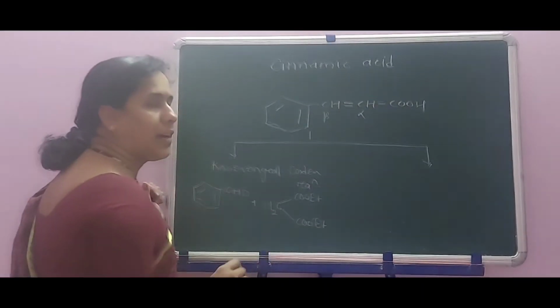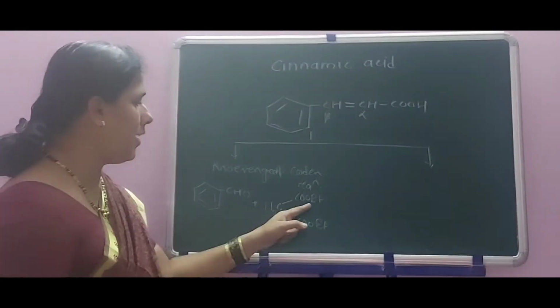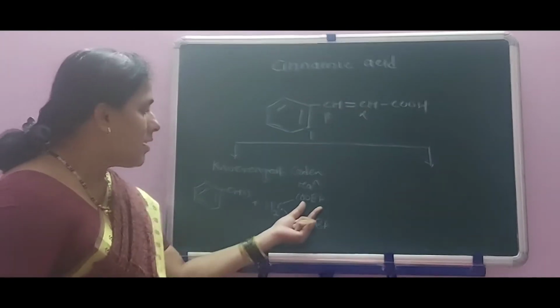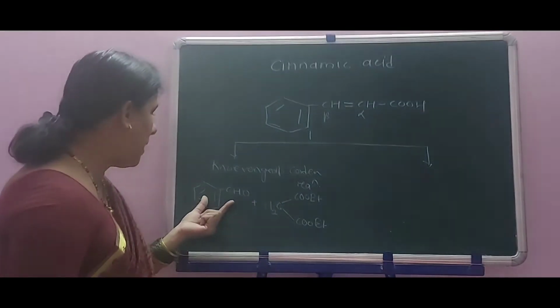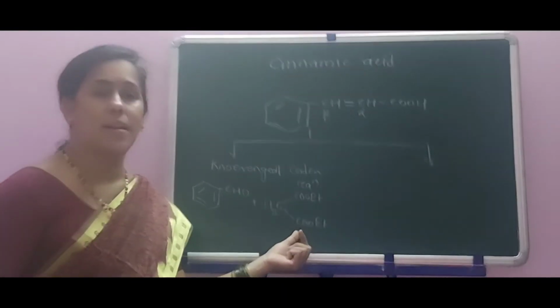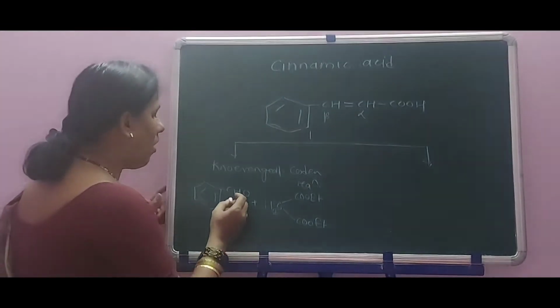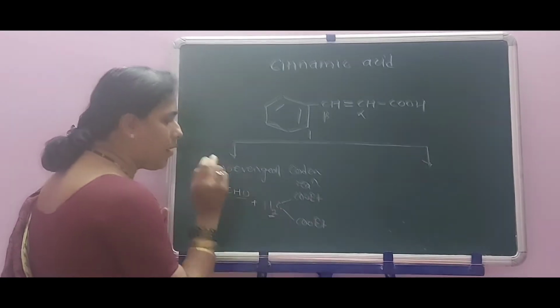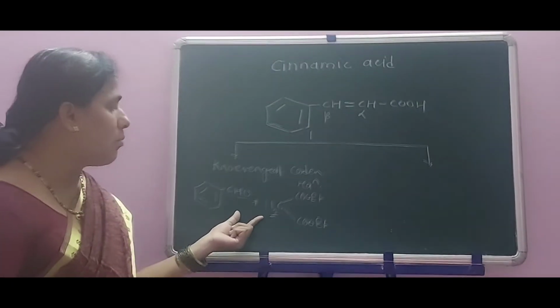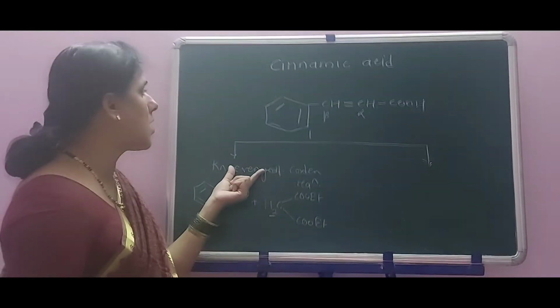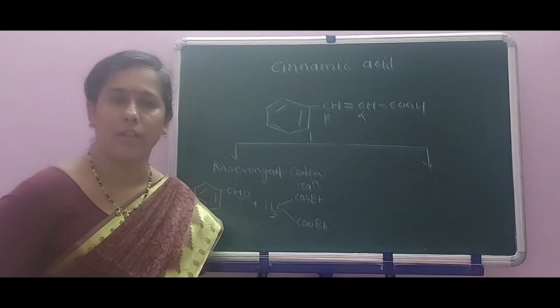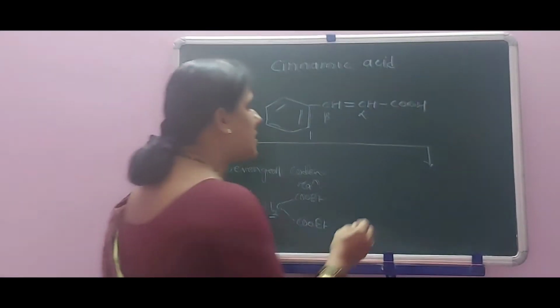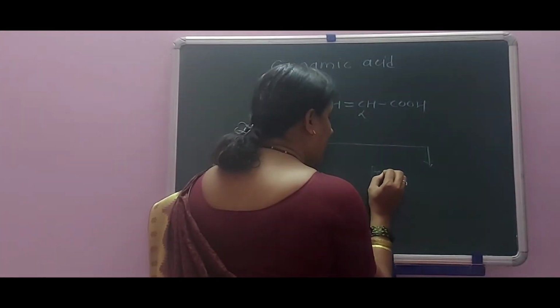In short, we can call it ET, where ET means C2H5. By the use of benzaldehyde and this malonic ester, with the removal of one OH and an H of the active methylene group, that is, the removal of a water molecule, gives rise to the formation of cinnamic acid. And the second one is the Perkin reaction.